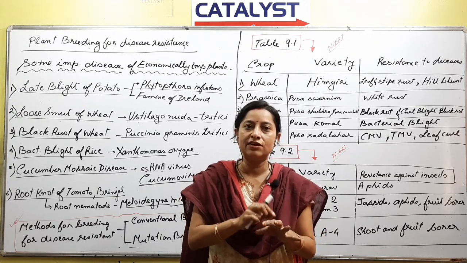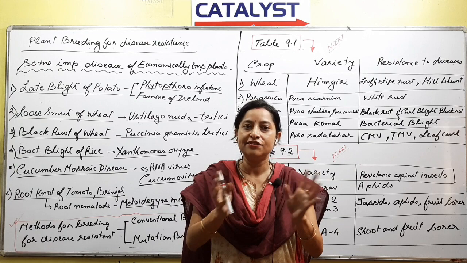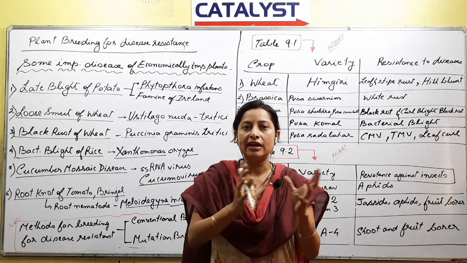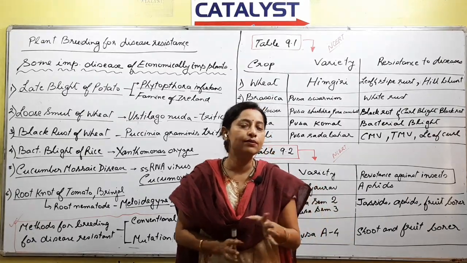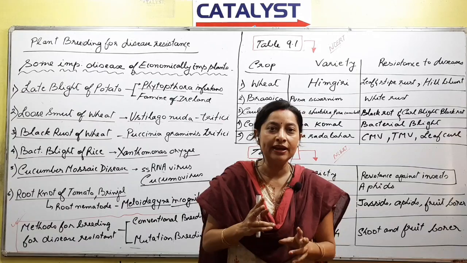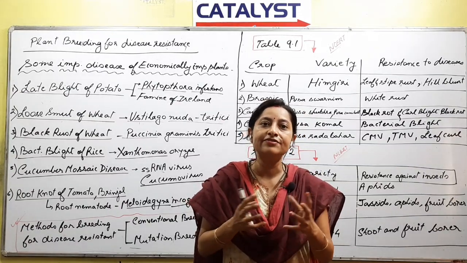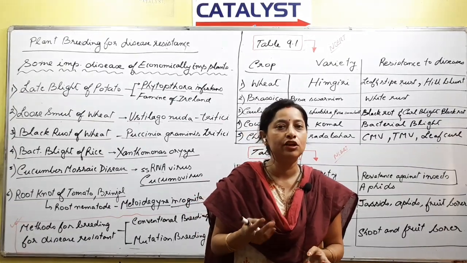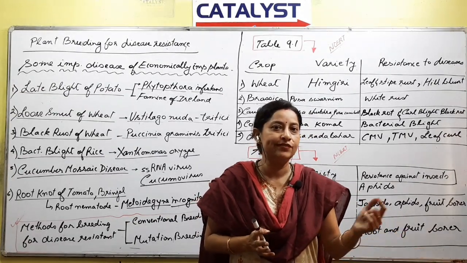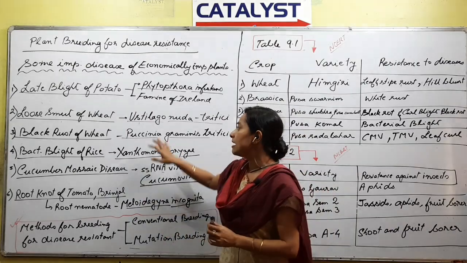It will reproduce in the plant, increase in number, then spread. So its entire lifespan revolves around one host. But some types of pathogens have two hosts, right? So if the life cycle is completed in two hosts, then we call it heterogeneous. Details about heterogeneous fungi again in the portion of fungi when we will discuss. As of now, we'll come back to this.